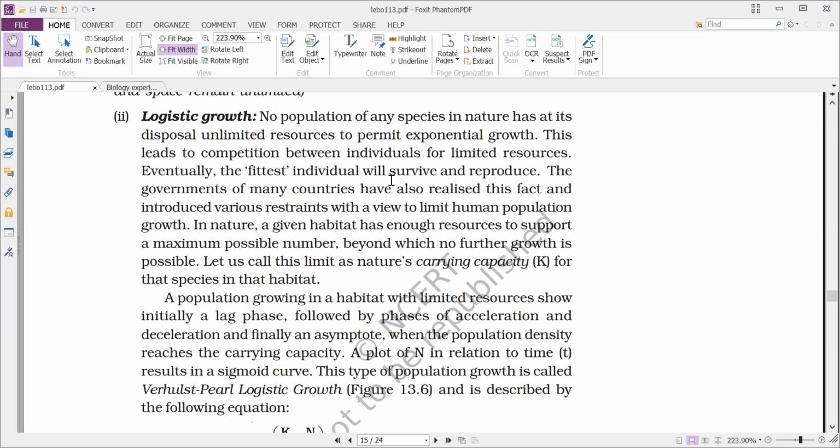To promote exponential growth, this leads to competition between individuals for limited resources, because in nature the resources are limited.